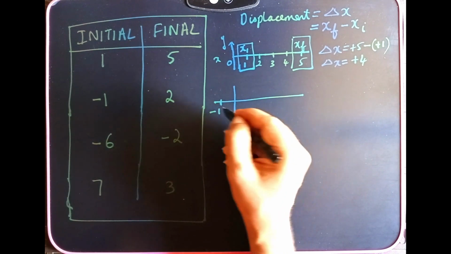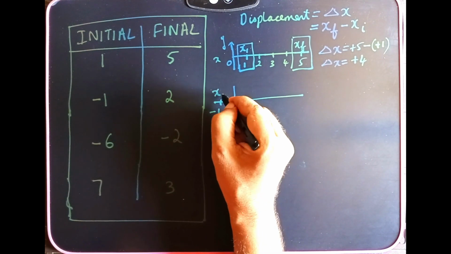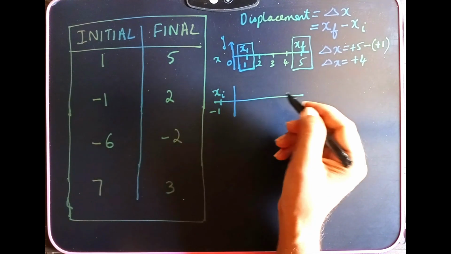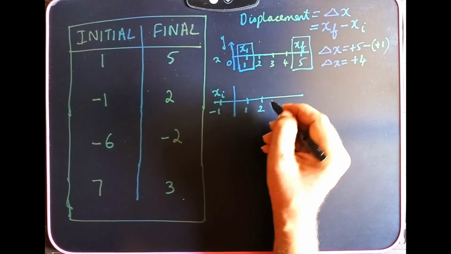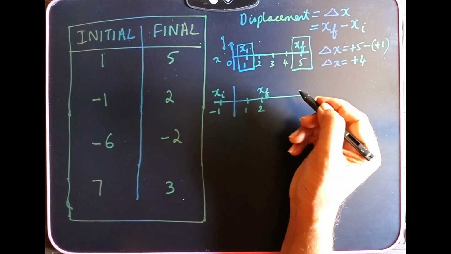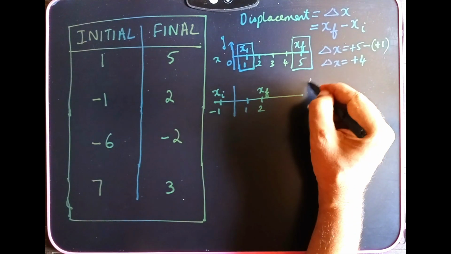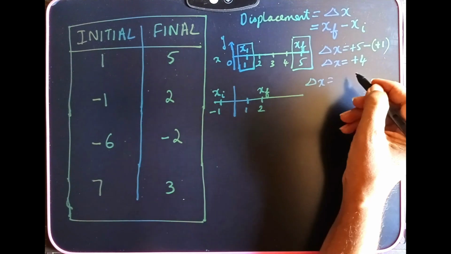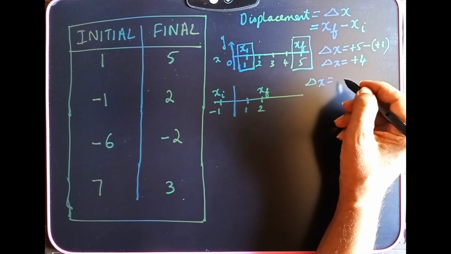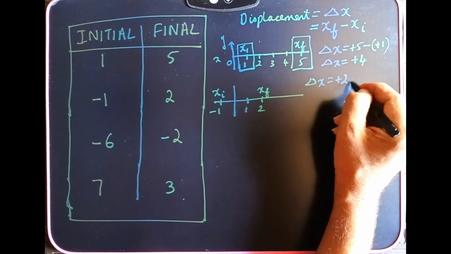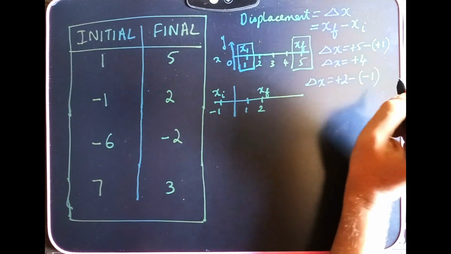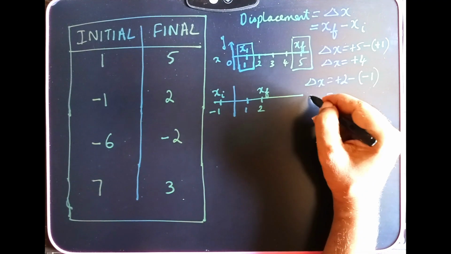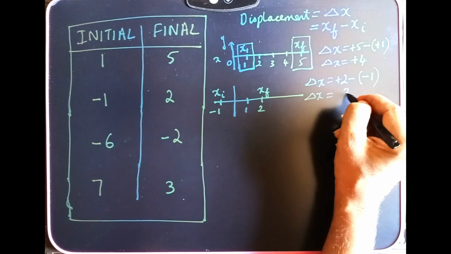This is minus 1, the initial point, xi. Then 1, 2. This is xf, the final point. So delta x will be given as final point, which is plus 2, minus of minus 1, which is the initial point. So delta x will be equal to 3.